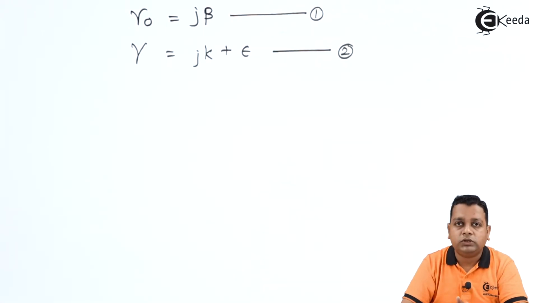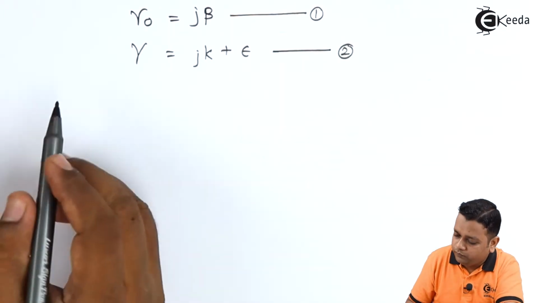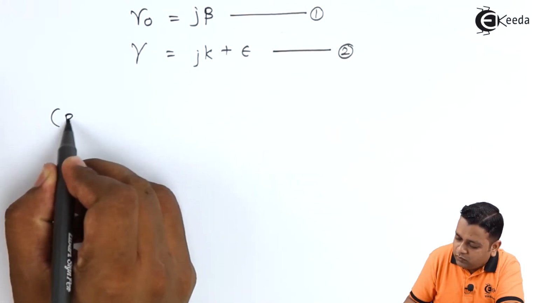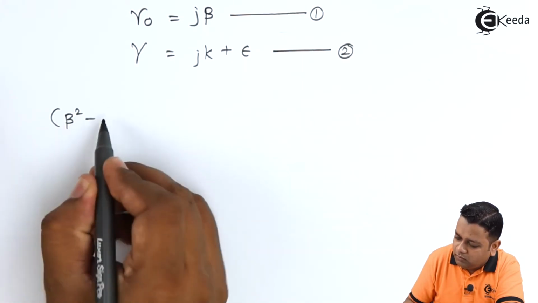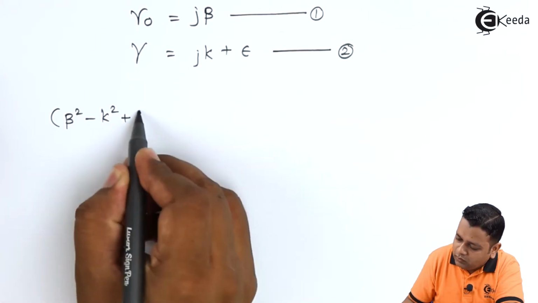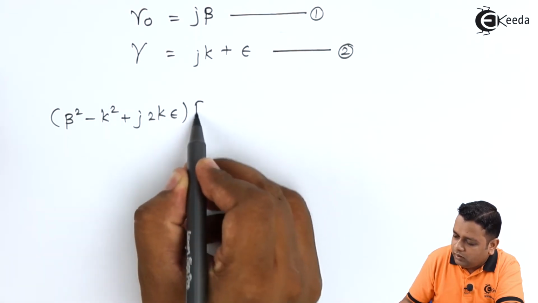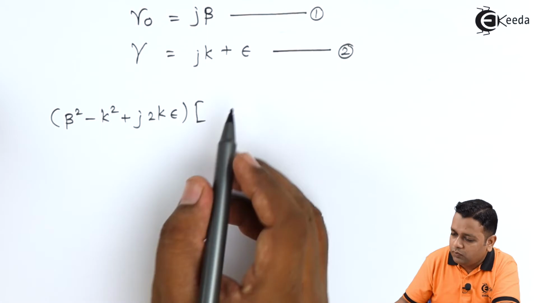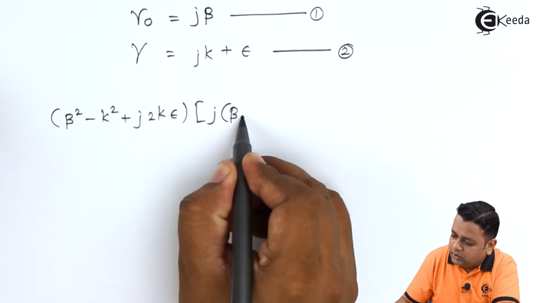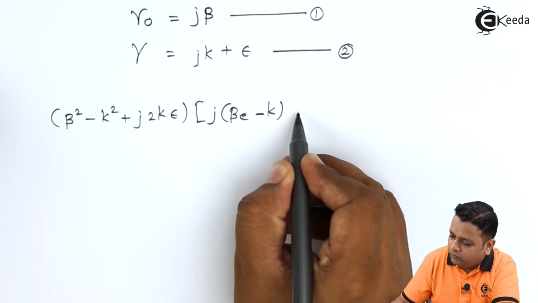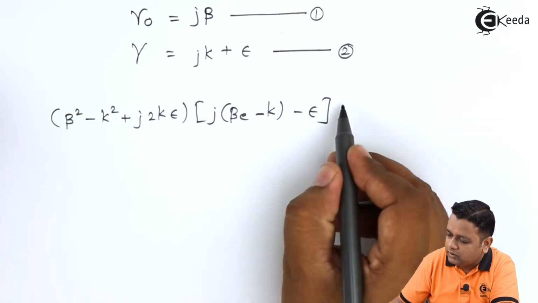Now using these two propagation constants, we can express the wave propagation equation for the carcinotron operation in the next equation. On the left hand side we start with a bracket that has beta squared minus k squared added with j times 2 k epsilon, times the square bracket j times beta suffix e minus k minus epsilon. The square bracket is completed.